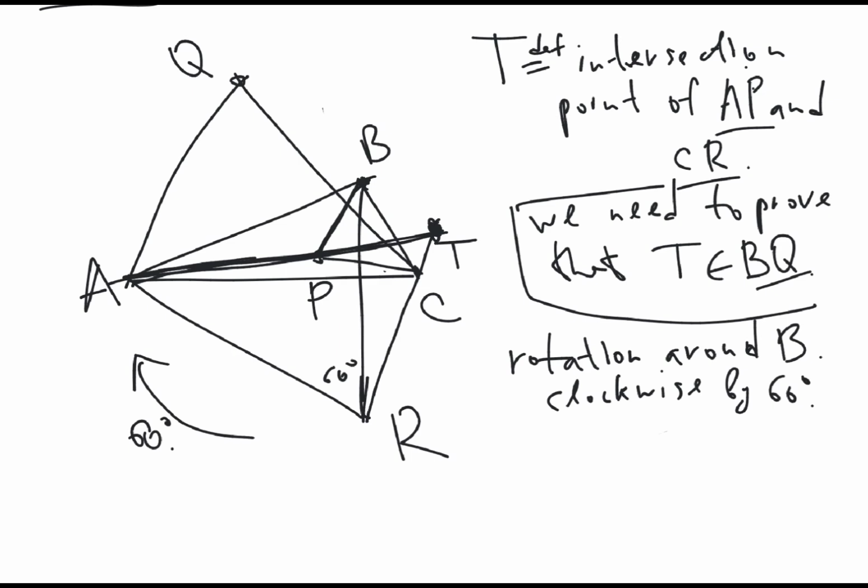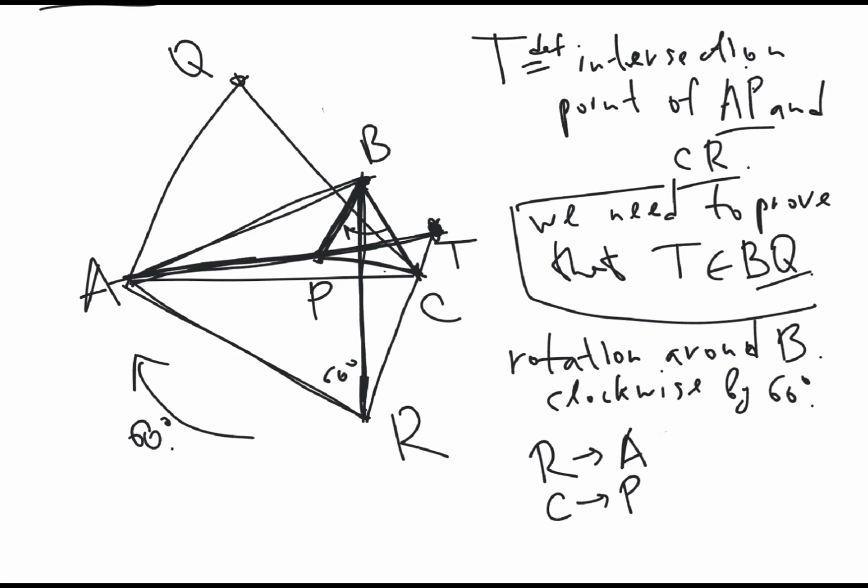Under this rotation, we notice that ABR is an equilateral triangle, therefore R is mapped to A, right? And this is another equilateral triangle, PBC, right? And when we rotate around B clockwise, then C is mapped to P, right?